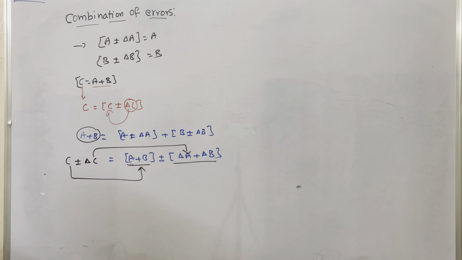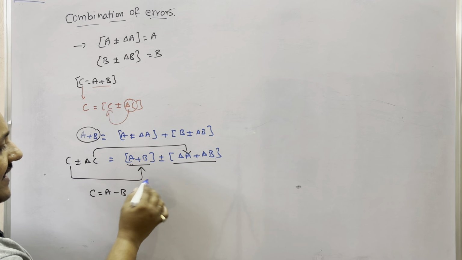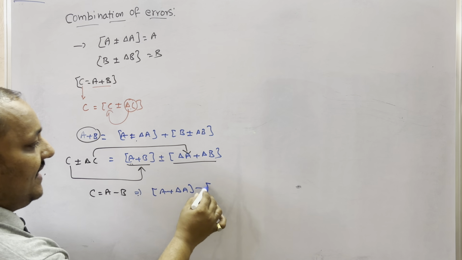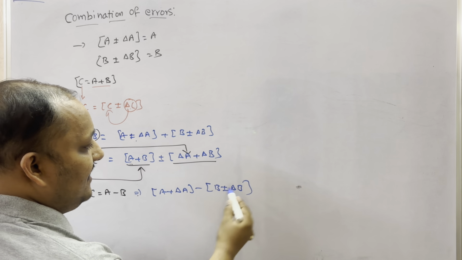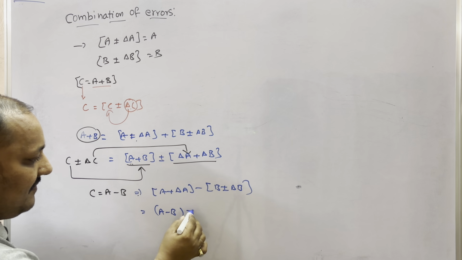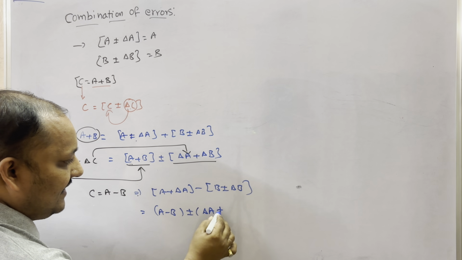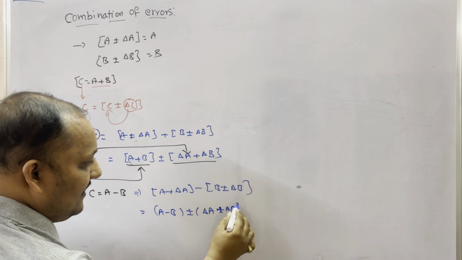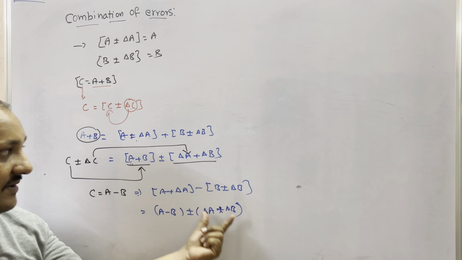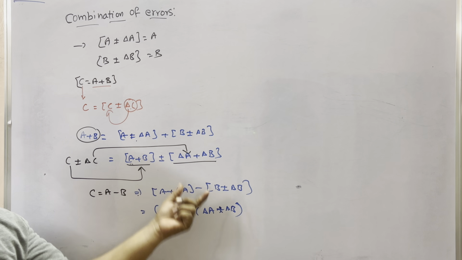If you want to do subtraction, C is equal to A minus B. So at that time, again we write A plus or minus delta A, minus B plus or minus delta B. The final answer will be A minus B plus or minus delta A plus delta B. So whenever we are doing subtraction, absolute errors will always be added, in both addition and subtraction.